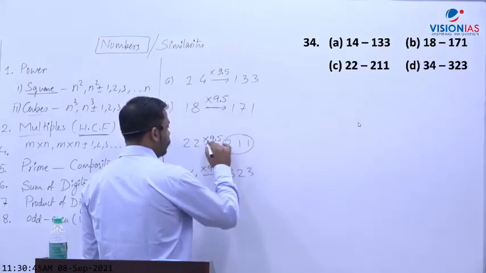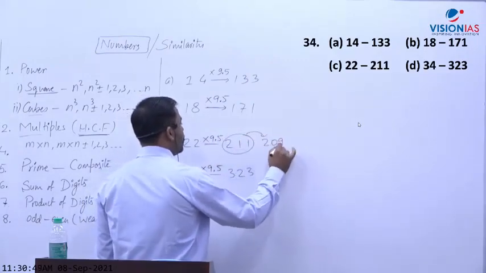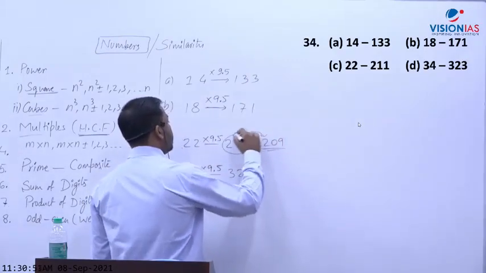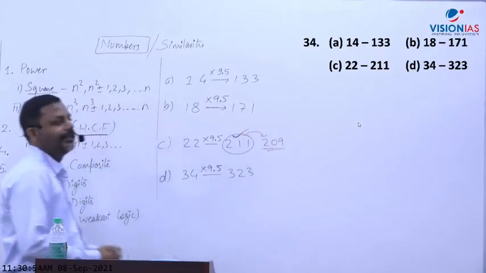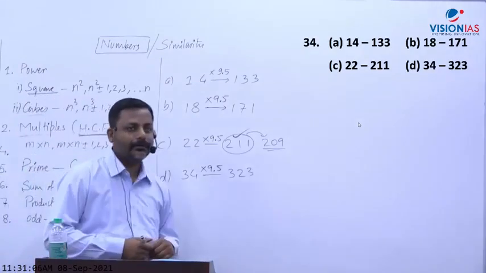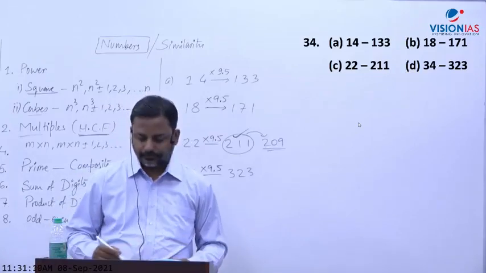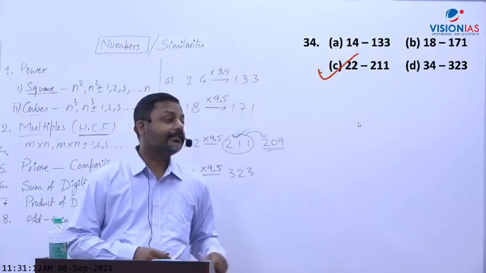If we multiply 22 with 9.5, it should be 209 instead of 211. So the answer is option C. Is it clear? So simple, it is a case of multiple only. So the answer is option C.